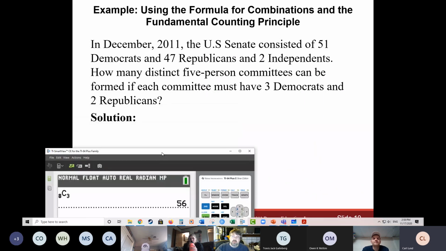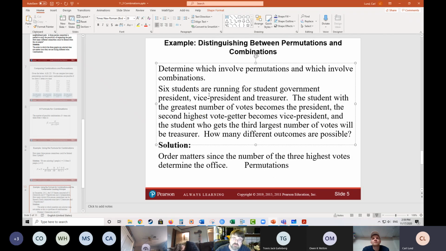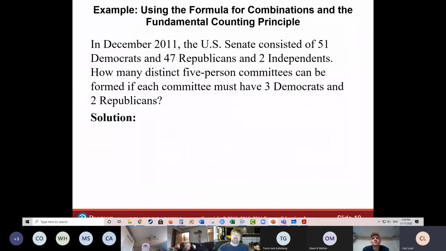All right, now we're going to combine using combinations and the fundamental counting principle. Back in December of 2011, the US Senate consisted of 51 Democrats, 47 Republicans, and 2 independents.